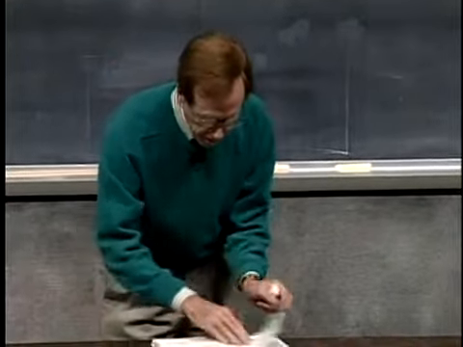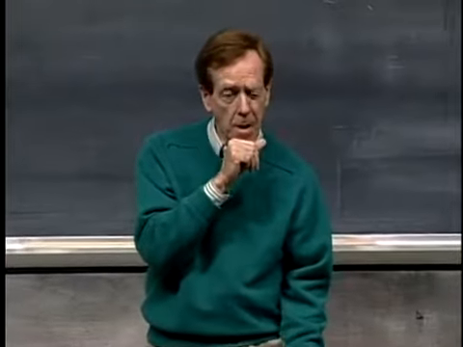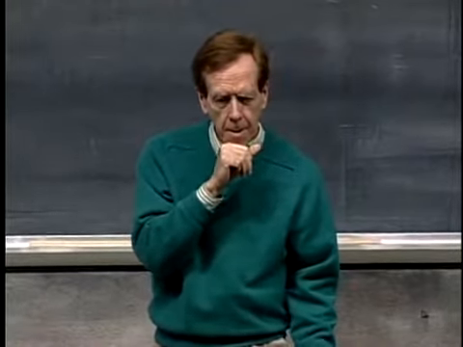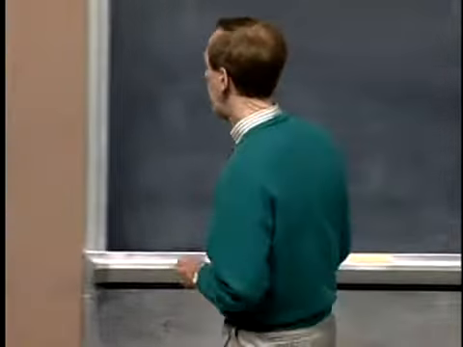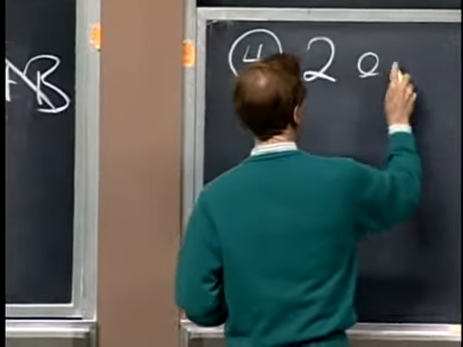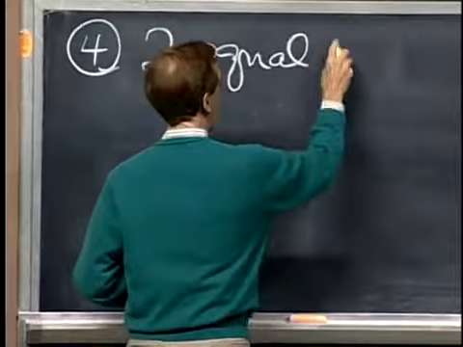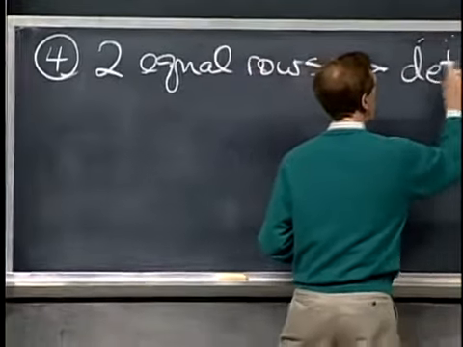Property 4 is if 2 rows are equal, the determinant is 0. Two equal rows lead to determinant equals 0.